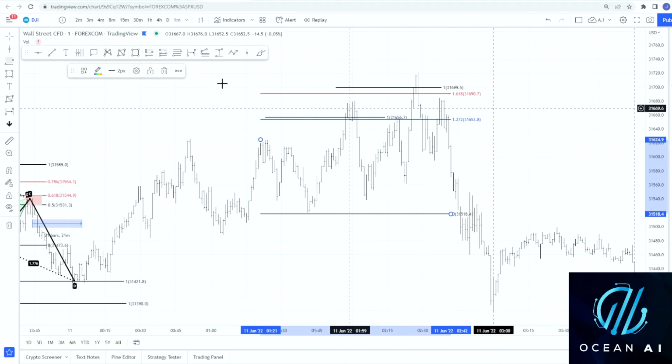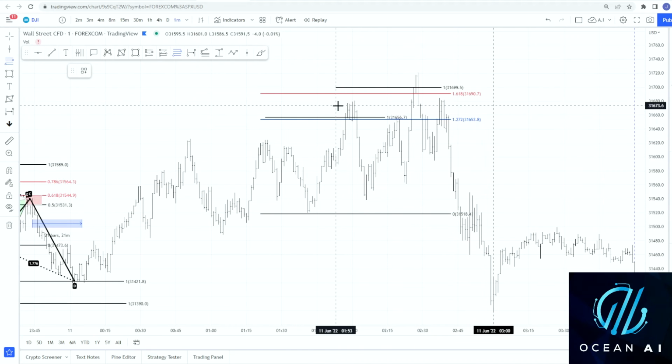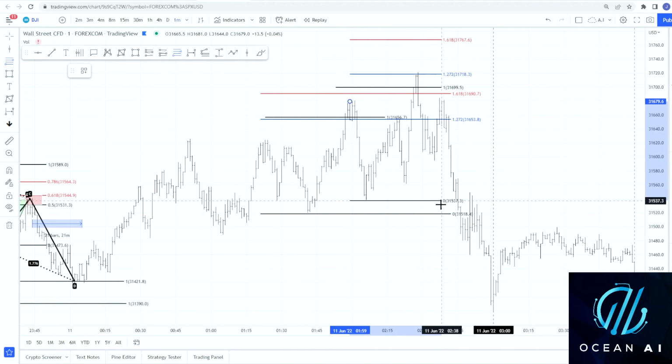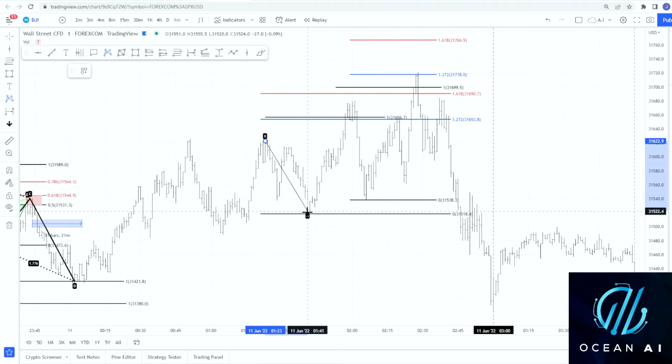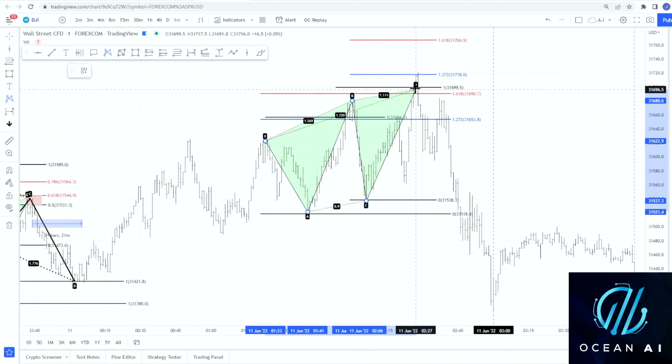This was 127 extension of this move here. That gave us that top there. So that gives us that 3 drive pattern we're looking at. And that was your sell signal for the weekend.